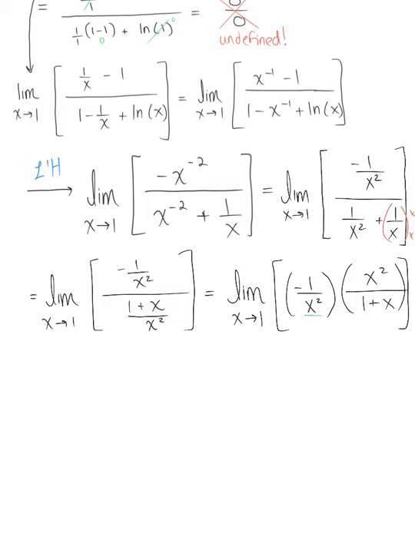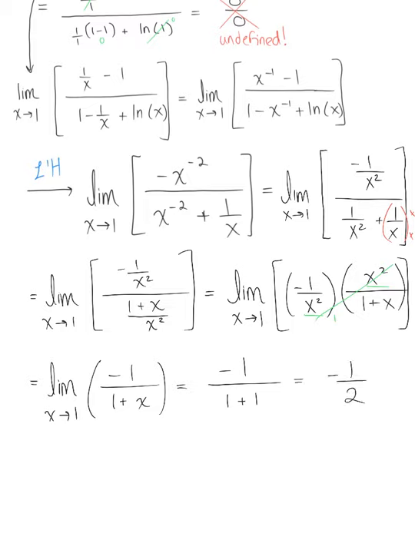And we see the x squared in the numerator and denominator will cancel each other out, leaving us with the limit as x approaches 1 of negative 1 all over 1 plus x. And evaluating, I have minus 1 all over 1 plus 1, which leaves us with a beautiful final answer of negative 1/2.